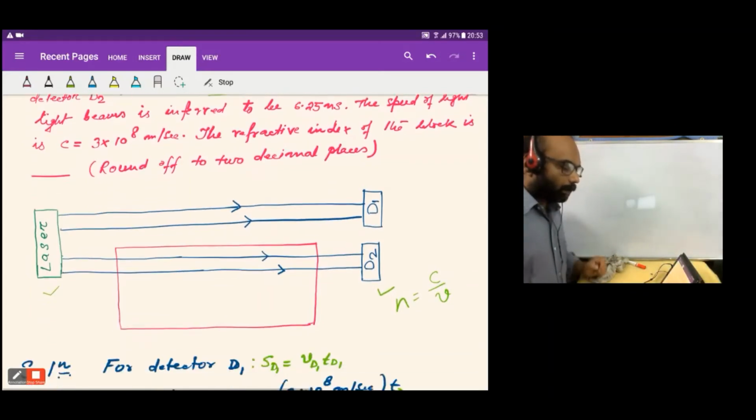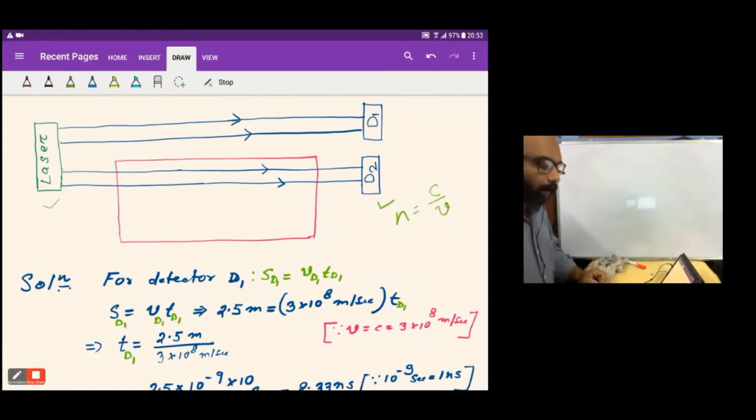So for detector D1, we can use S equal to Vt. So S is the distance of the detector from laser beam. V is the velocity of the laser when it is going to hit the detector, and Td1 is the time taken by the laser light to reach the detector.